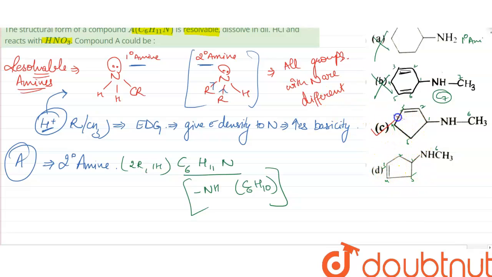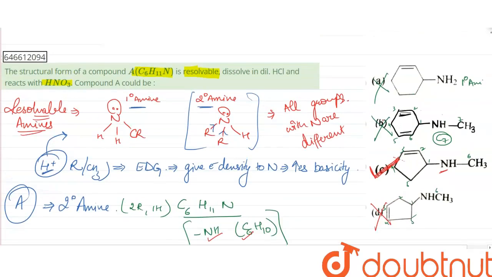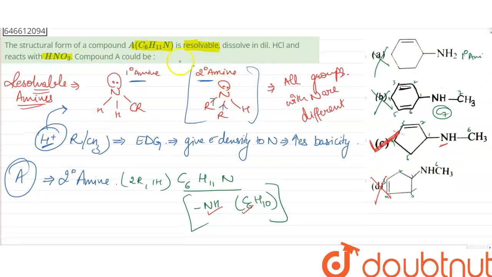So option C is the correct option, because here N has all different groups, plus we have both conditions, secondary amine NH and the same carbon count. So option D is the wrong answer and option C is the correct option. The structure of A will be option C.